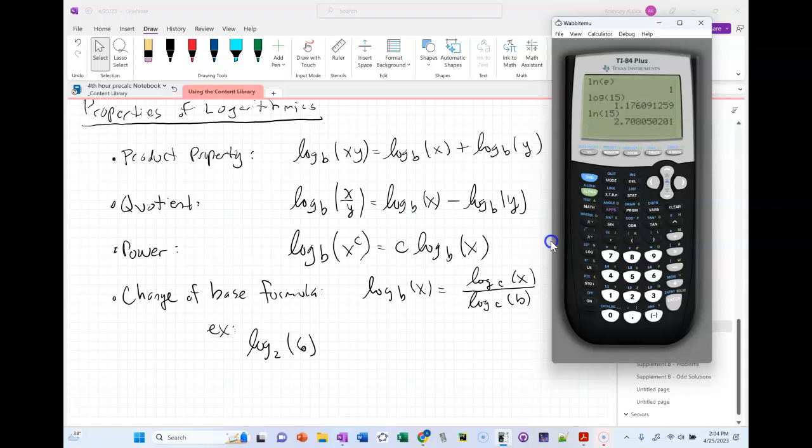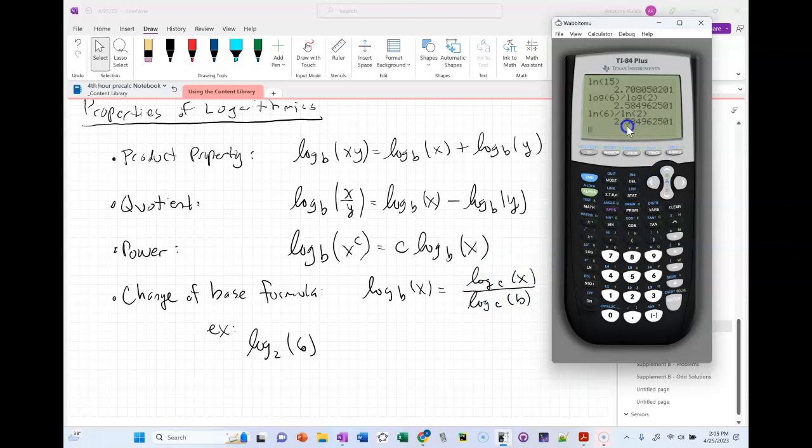So I would do that as log of 6 divided by log of 2, where I've used the change of base formula and picked the new base of my logarithm to be 10. Or I could have done it as the natural log of 6 divided by the natural log of 2, where I picked the new base, the c, to be e.